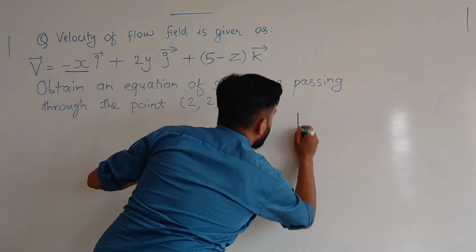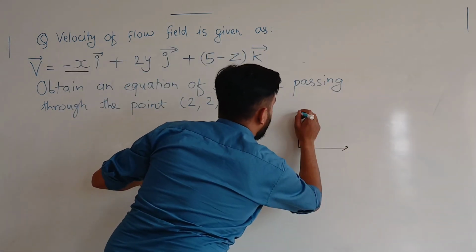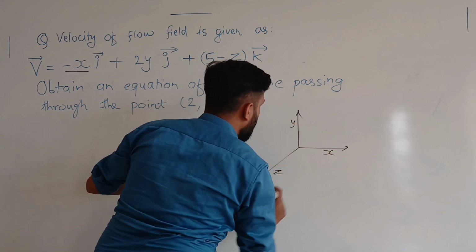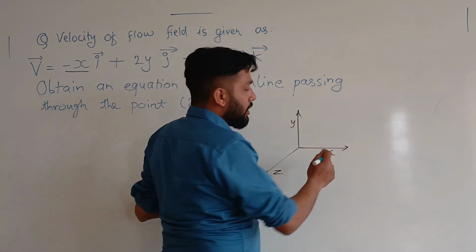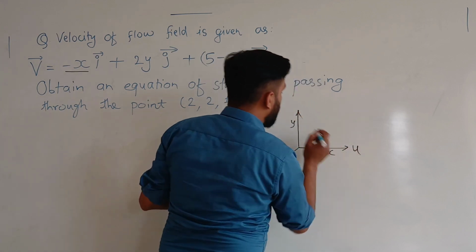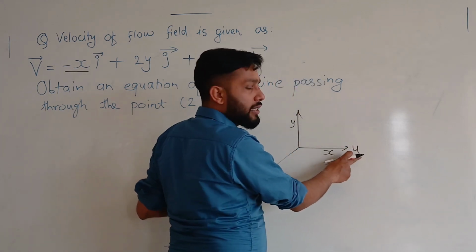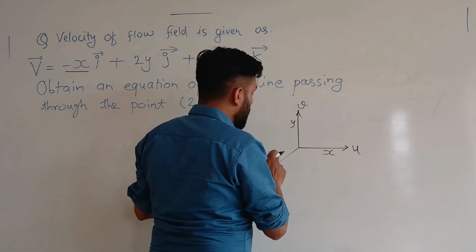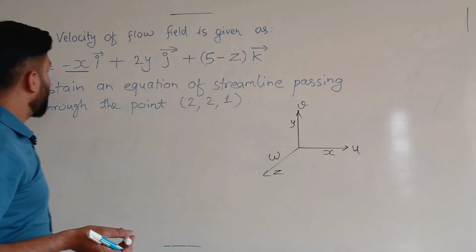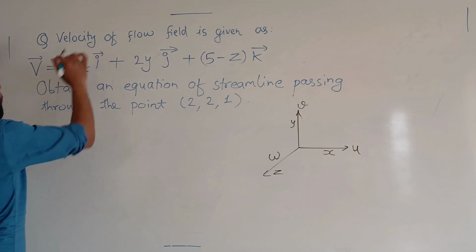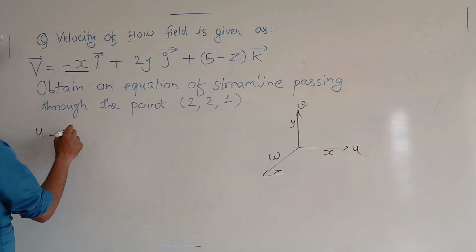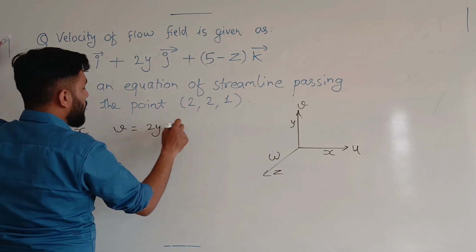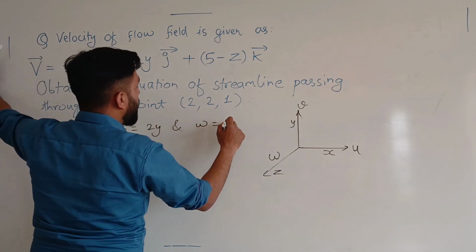Now I am going to draw a three-dimensional system, that is x, y and z axes. In the x axis, the velocity component in x direction is u, in the y axis it is v, and in the z axis it is w. You have been given a velocity field here, so you easily get the velocity components: u is equal to minus x, v is equal to 2y, and w is equal to 5 minus z.